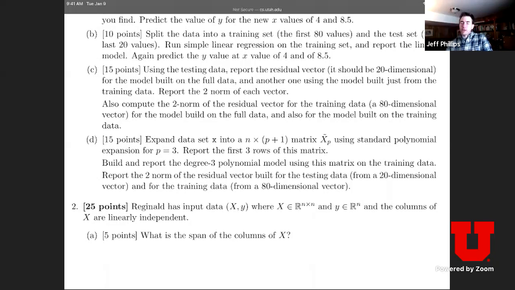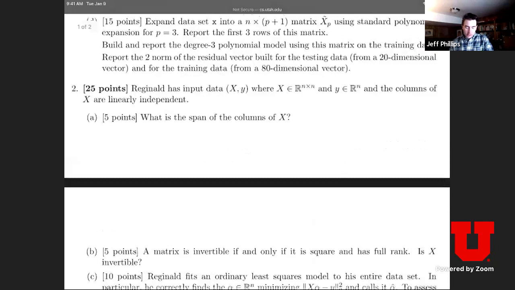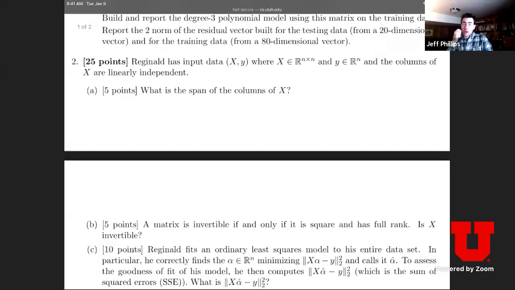So you can basically do everything you want in Python and Collab on these homeworks. I want you to answer the questions, and sometimes it's required to write some code to answer it.